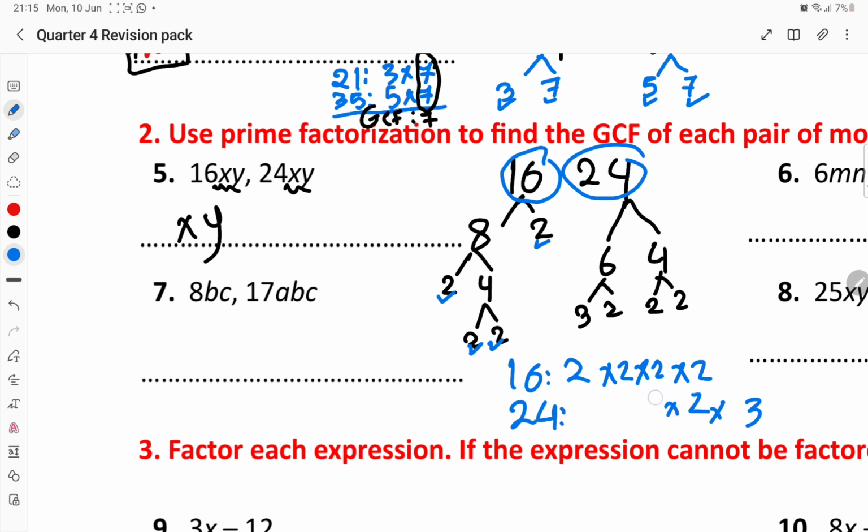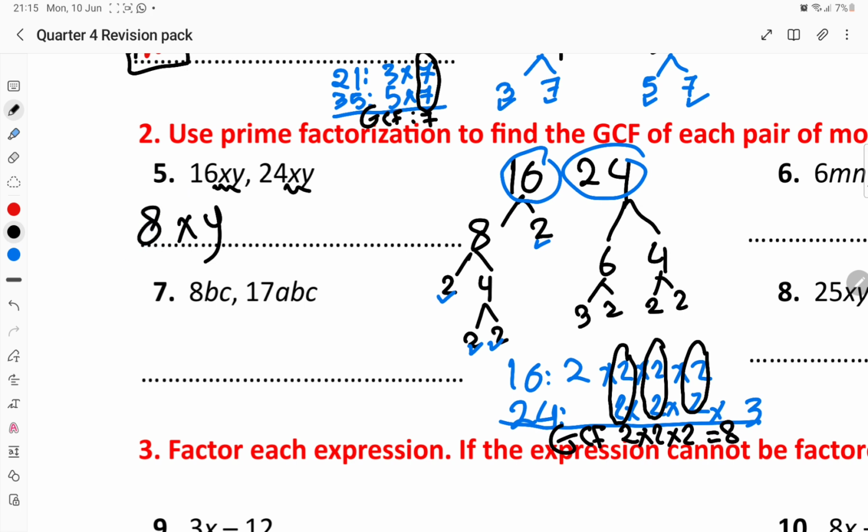So 2 times 2 times 2. How many 2s are common? Look. 1, 2, 3. So the greatest common factor actually is 2 times 2 times 2, which is 8. So the common factor here is 8xy.